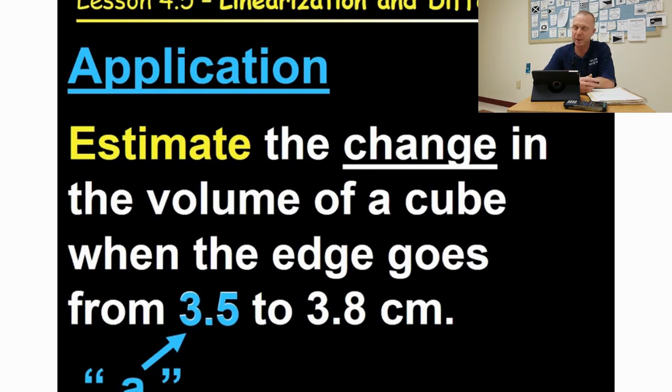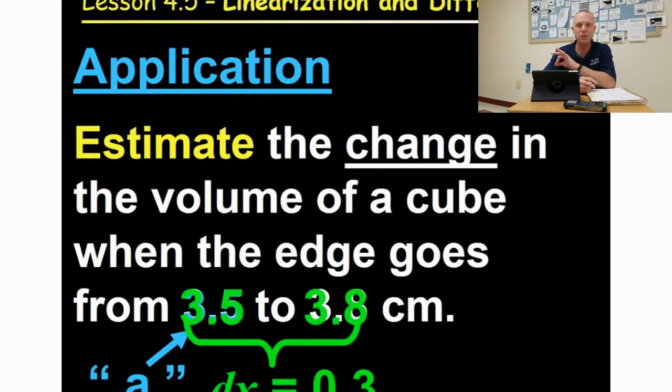So we're going to think of 3.5 as a. What are we going to do with 3.8? Well, we're not going to say that 3.8 is our other x value, but we're going to use 3.8 to help us get the change in the x value. So notice here that I have my starting value and then I just have my change. Isn't that all you need to do a differential?